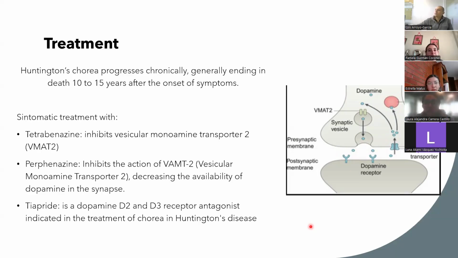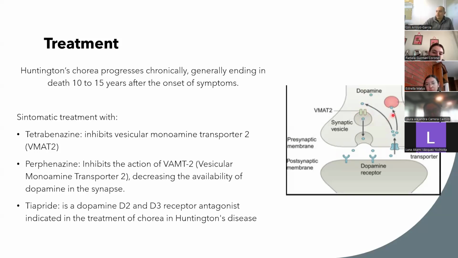And then these dopaminergic neurons, we need to actually diminish their activity. So we have these drugs that actually block this transporter. What do we need this transporter for?